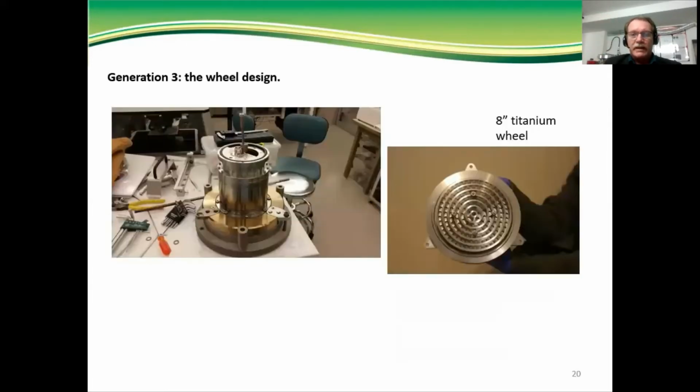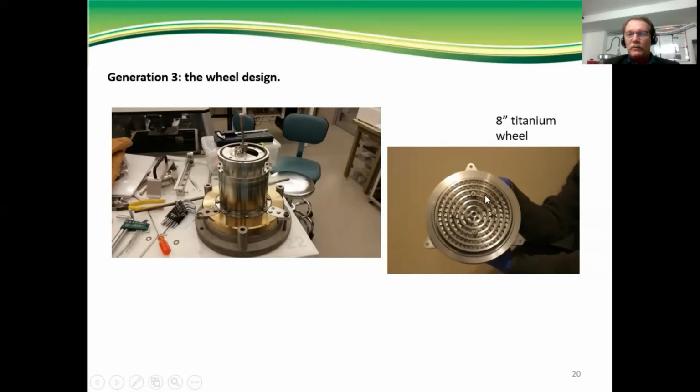But one of the potential benefits of the hollow cathode that's quite highly touted is the ability to go to a larger area. So in our 3rd generation of design, we got around the problems with the 1st generation. This is showing a plasma source made of titanium that went to the NASA Jet Propulsion Labs. You can see the nitride on the surface here has turned the titanium gold.